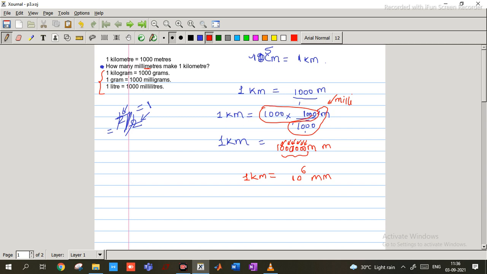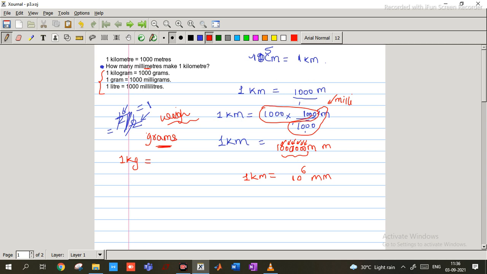So this was about our measurement of distance. But something we also weigh, right? So these are the units we use when we weigh something. Suppose you are going to purchase some vegetables, so what will you say?